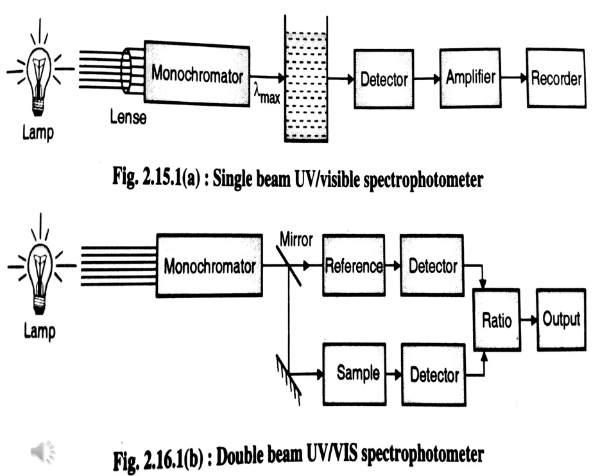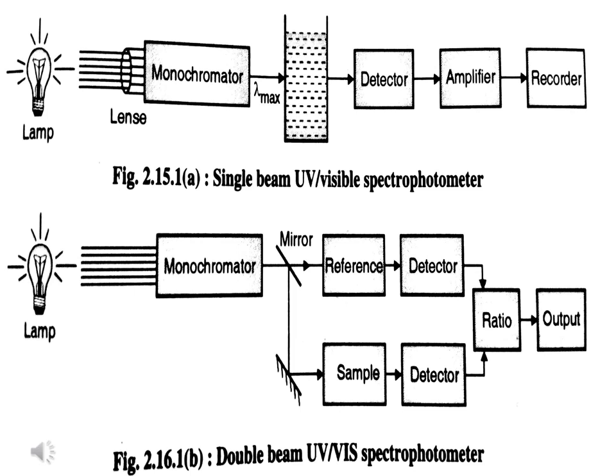Then that monochromatic light, meaning single wavelength light, is passed through the chemical solution. Then whatever transmitted light comes out is passed through the detector, and if that transmitted light needs amplification, then an amplifier is used, and finally the recorder.